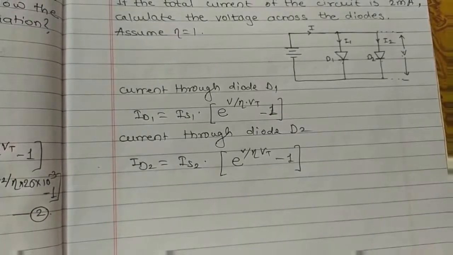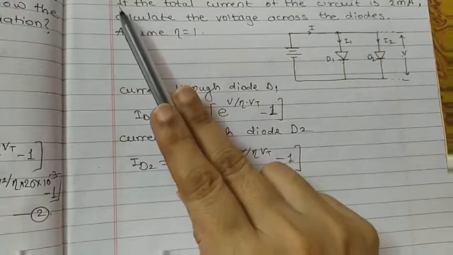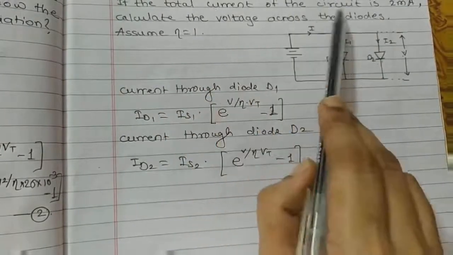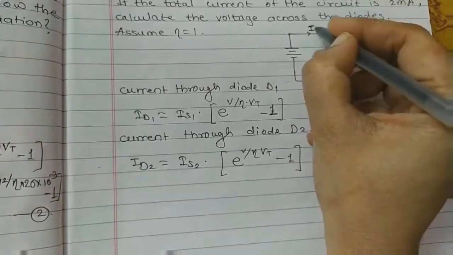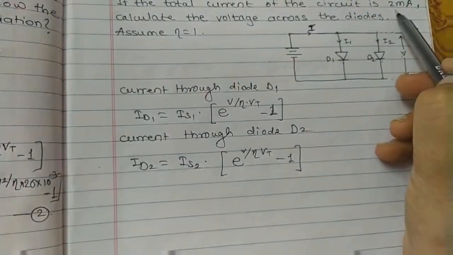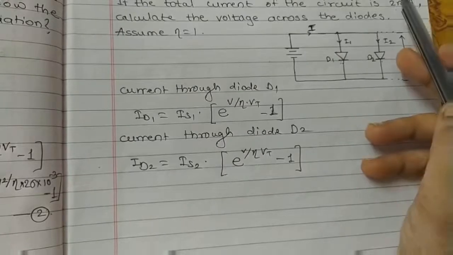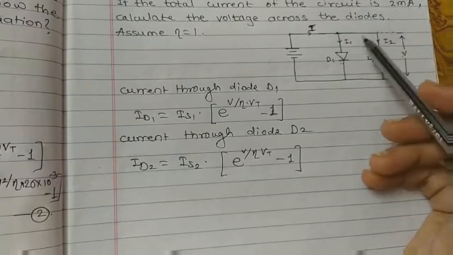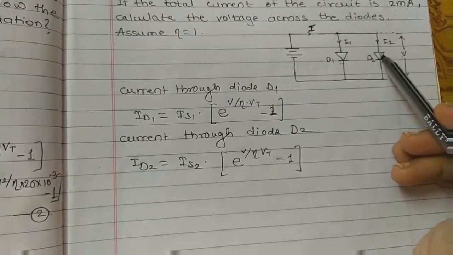After doing that, what we have to do? In the given question, what is given? The total current of the circuit I is given as 2 milliampere, and through diode D1 the reverse saturation current is 10 raised to minus 12 ampere, and through diode D2 it is 10 raised to minus 10 ampere.